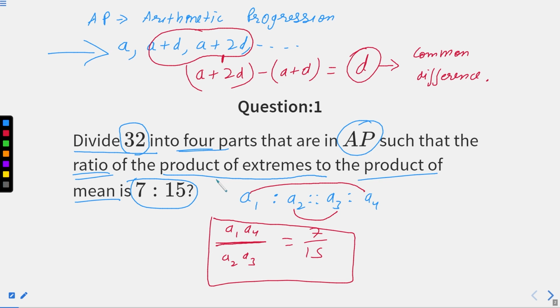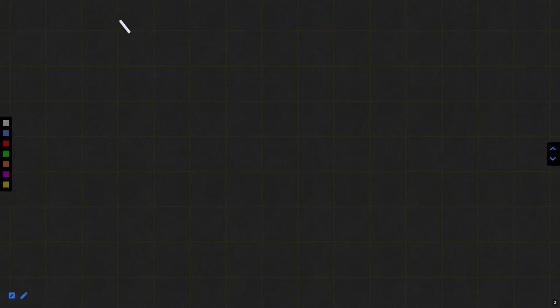So I am taking my 4 numbers in this manner: a minus 3d, a minus d, a plus d, a plus 3d.